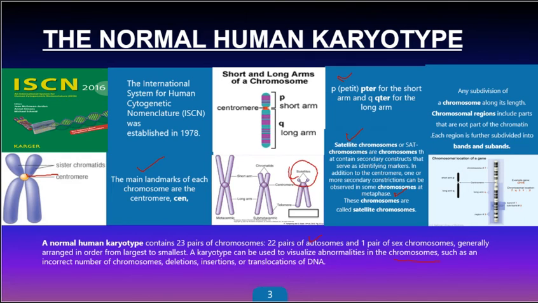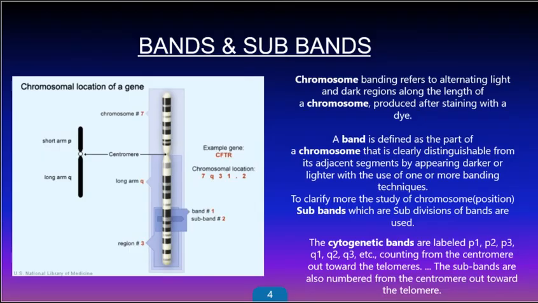Now further, any subdivision of a chromosome along its length is called a region of the chromosome. Each region is further divided into bands and subbands. So now let's move towards bands and subbands. What is a band? Chromosomal banding refers to the alternating light and dark regions along the length of a chromosome produced after staining with a dye, you can say black and white regions.